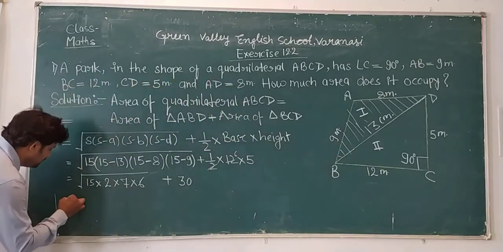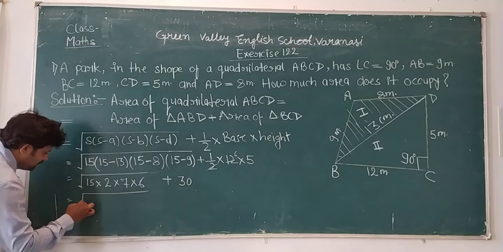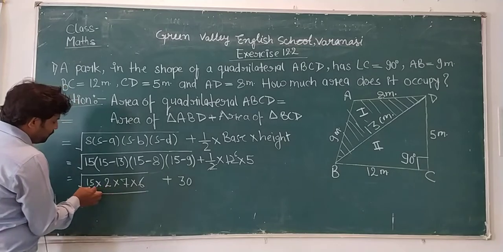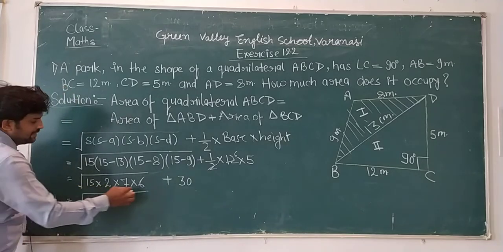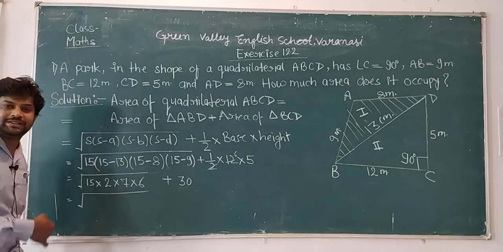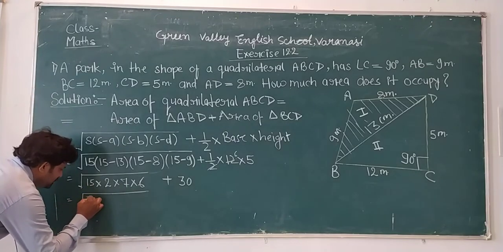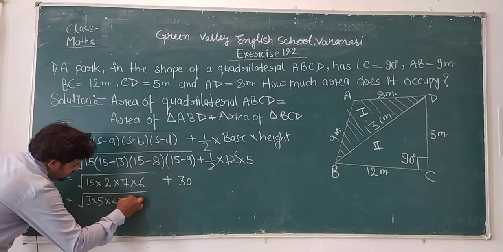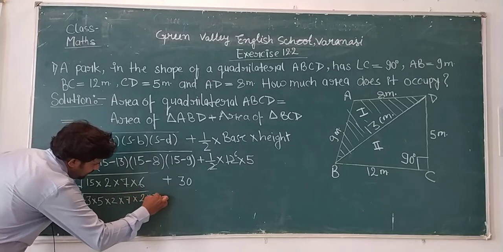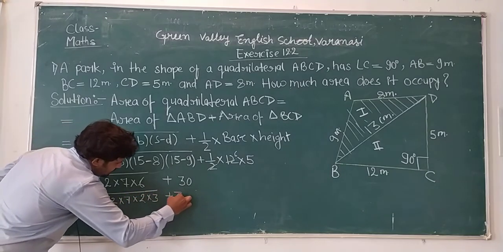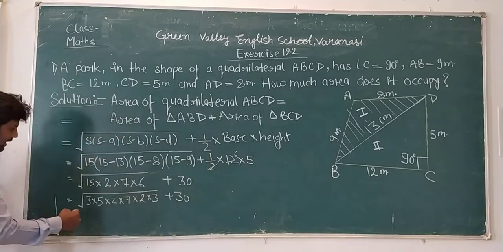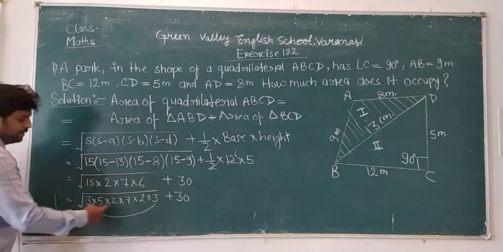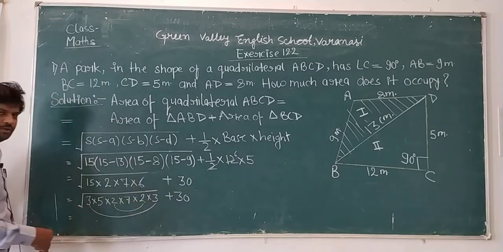Okay. And here 15 into 2 into 7 into 6. Here we can write 15 and 6 in the form of product of factors. Then 15 is equal to 3 into 5, then 2 multiplied by 7 multiplied by 2 multiplied by 3, plus 30. Here we start pairing of 3, pairing of 2.